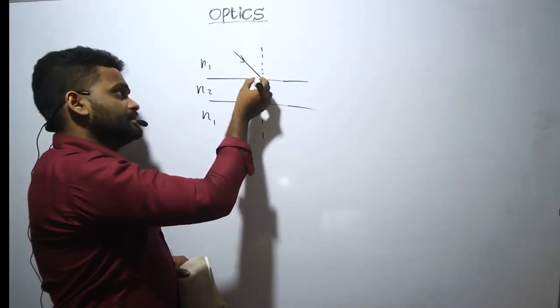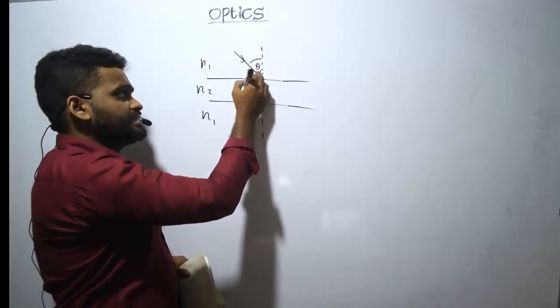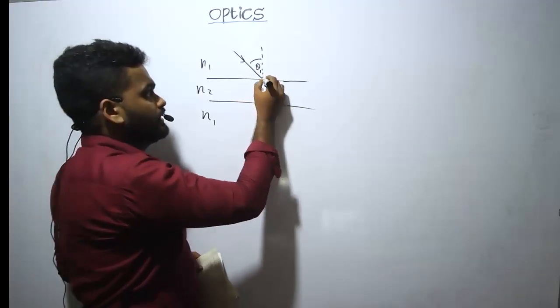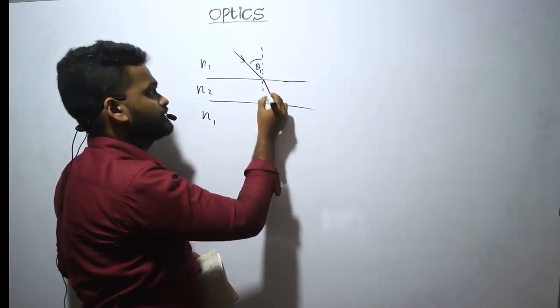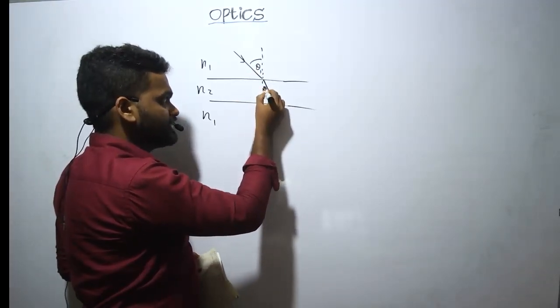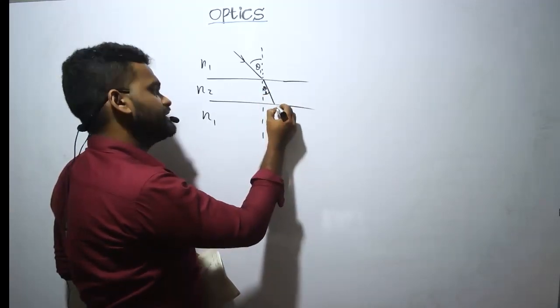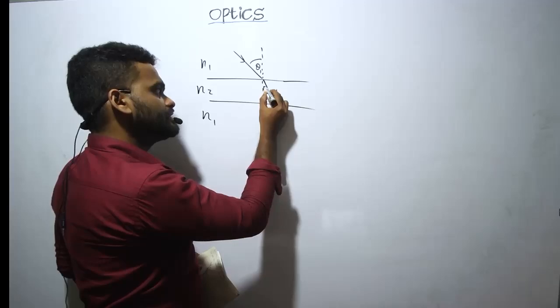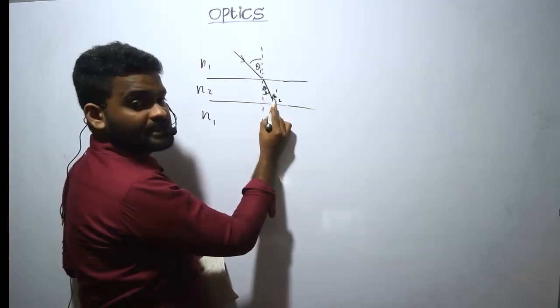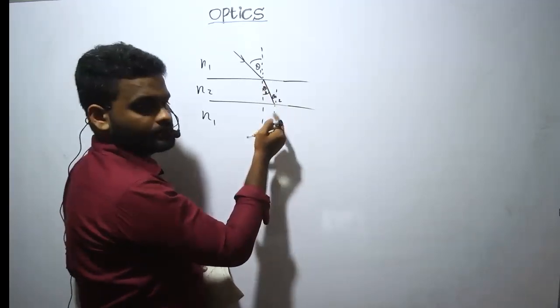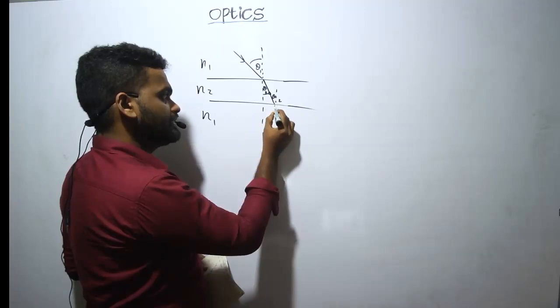The light ray enters like this, let's say with the incident angle theta 1. Then it bends. Let's say now the angle is theta 2. Since these two are parallel, if this is theta 2, this also should be theta 2.